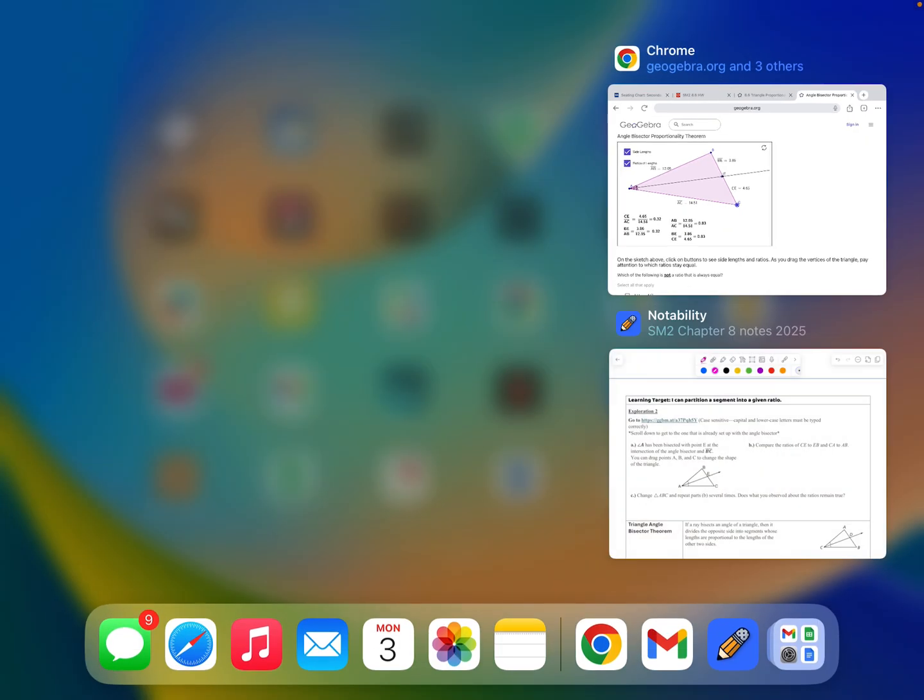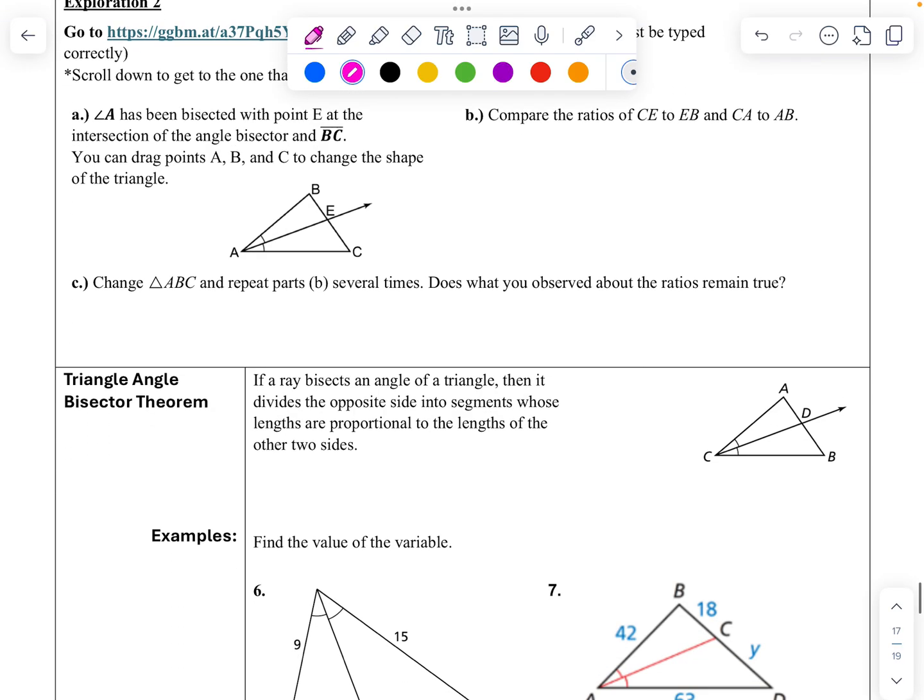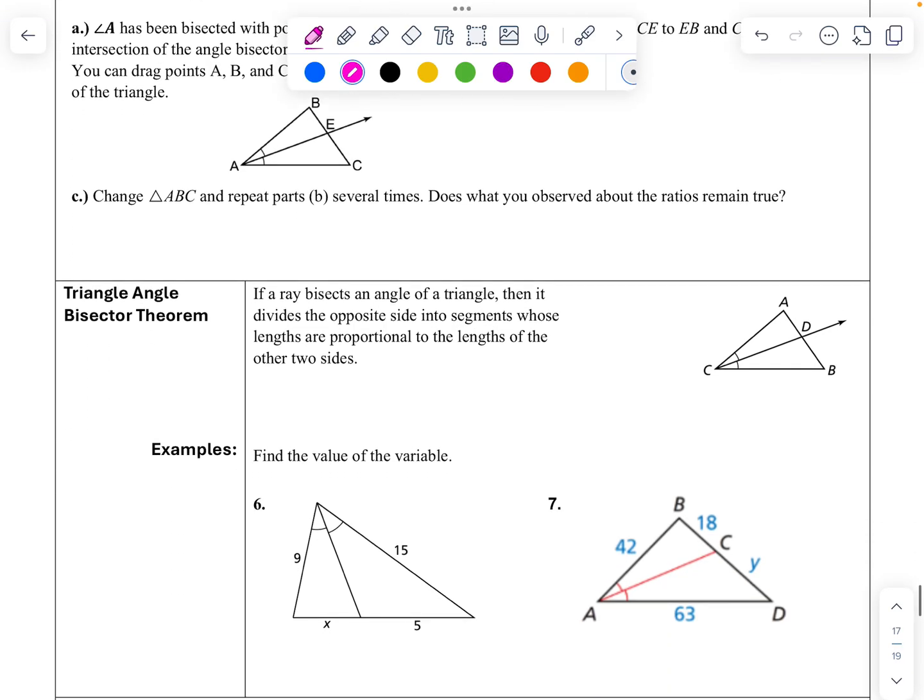So this is our next theorem, the Triangle Angle Bisector Theorem, which says that if a ray bisects an angle of a triangle, then it divides the opposite side into segments whose lengths are proportional to the lengths of the other two sides. So let's write down the two proportions, okay? We can either have CA goes with AD, and that will equal CB and DB.